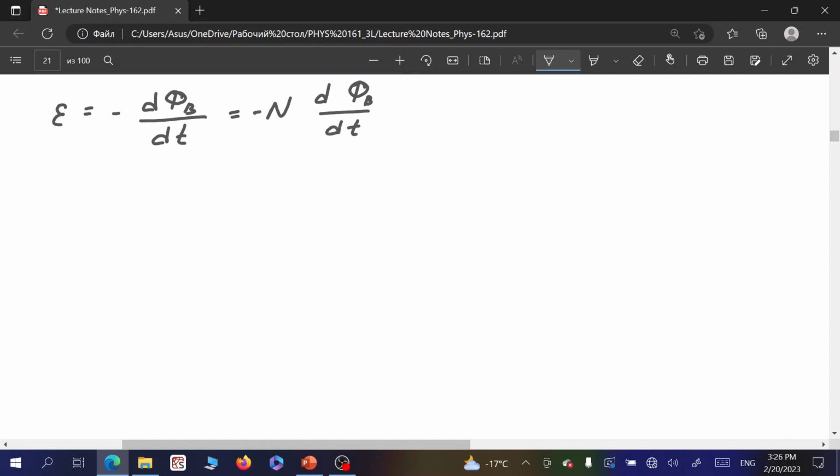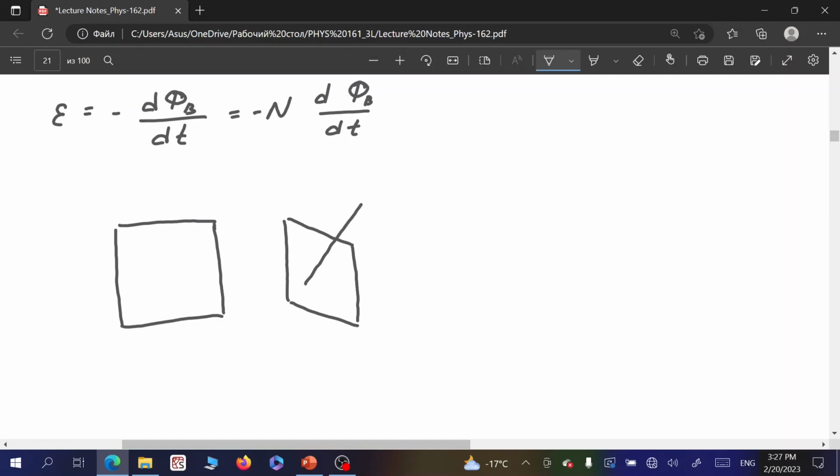Now if we consider some wire frame, it will be positioned at some angle with respect to the magnetic field vector.